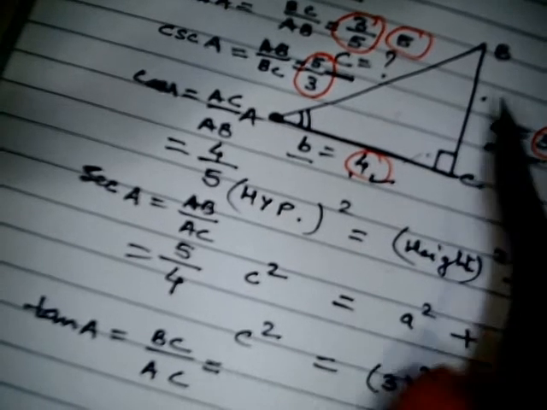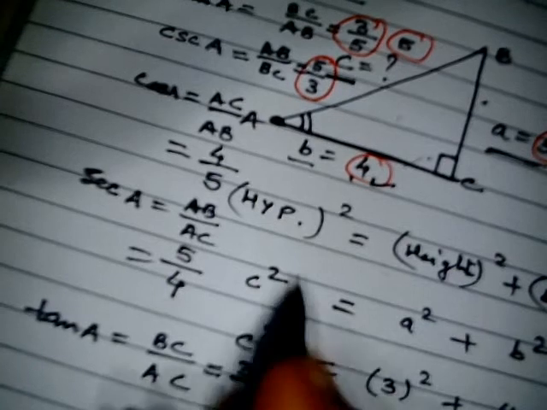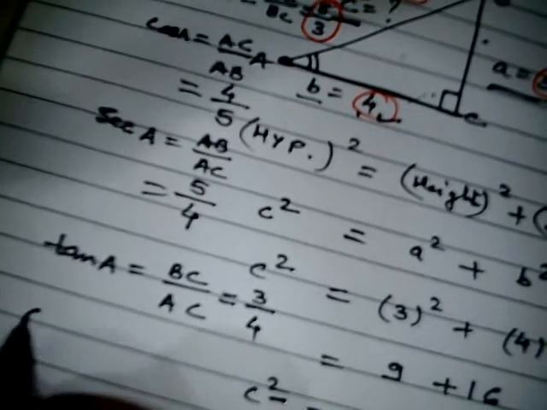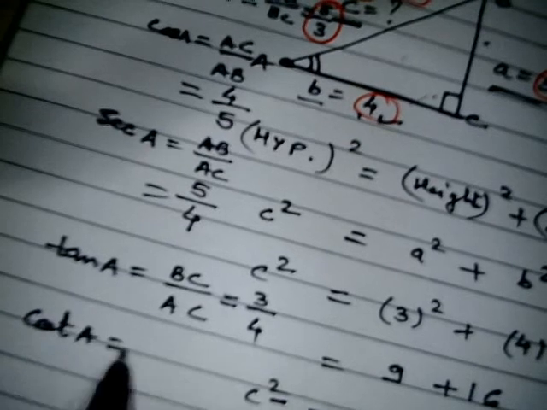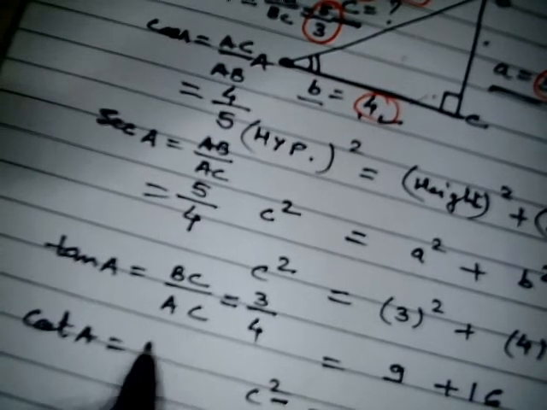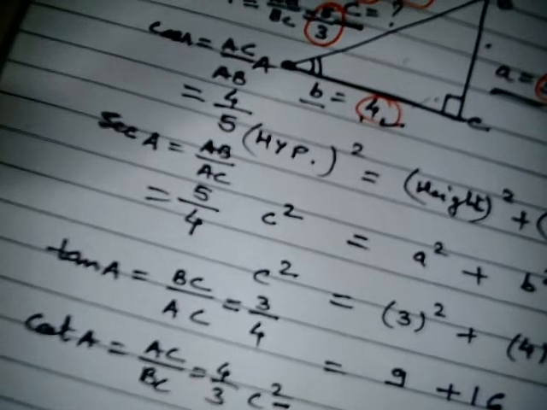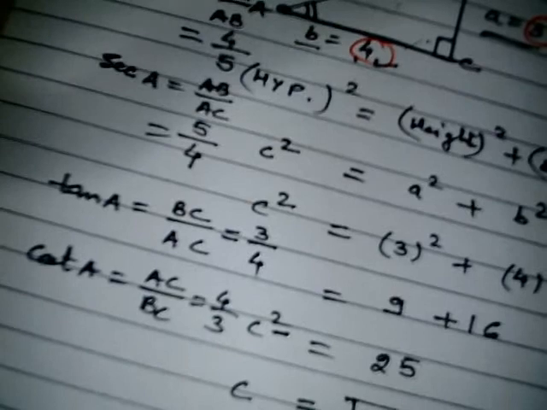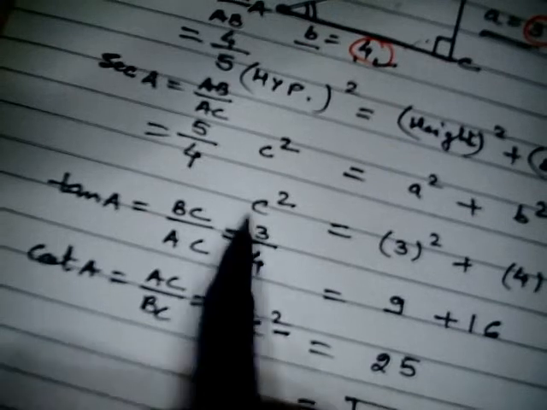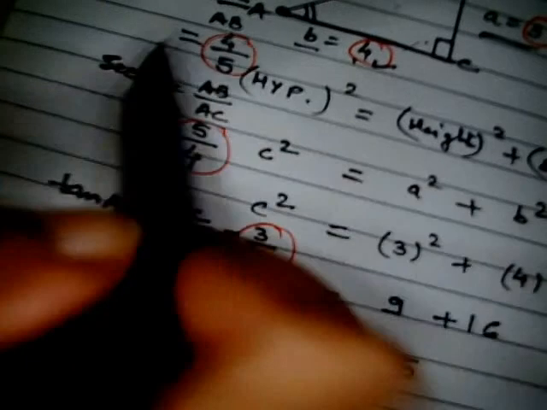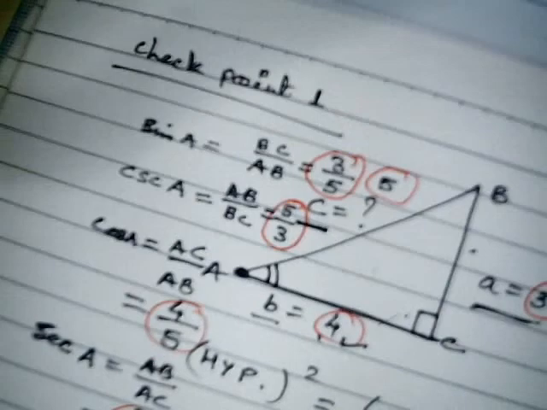Now I need to calculate cot A. Cot is the reverse of tan, so that is AC upon BC, so this is 4 by 3. This is how we have calculated all 6 trigonometric functions: sine, cosec, then cos, sec, and the last two, tan and cot.